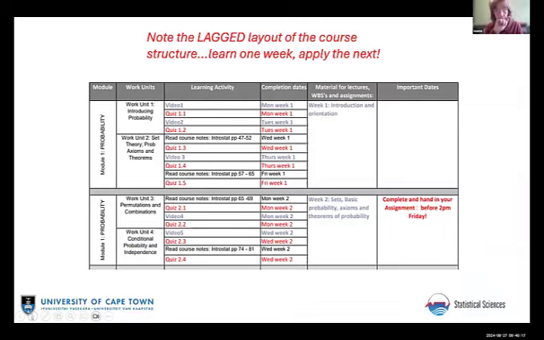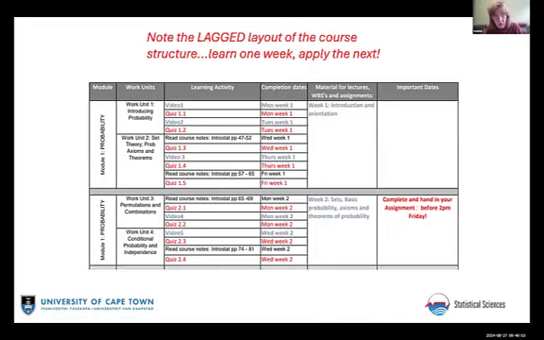One of the principles of our structure is that there's a lagged component to the online versus the face-to-face activities. For example, in the first week, the students will be starting off studying online, and the course is laid out for them very clearly, what they should do on particular days of the week. And in the first week, the face-to-face activities are around really pinning down exactly how the course works.